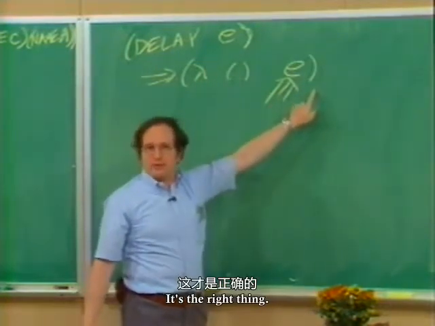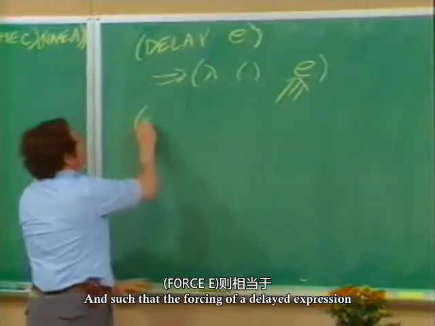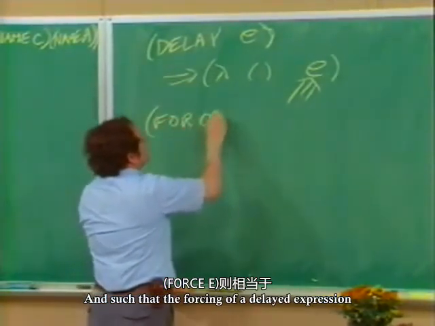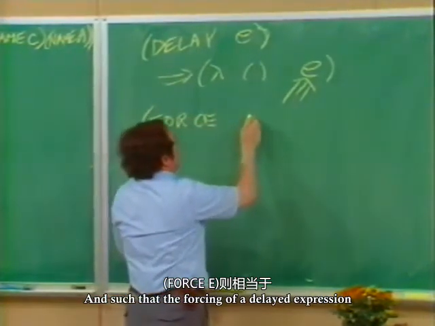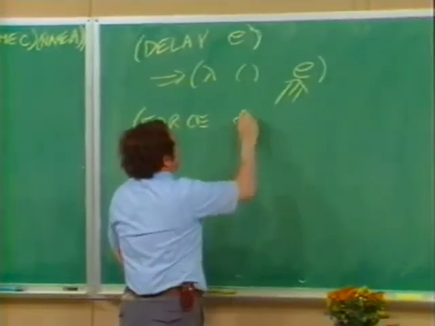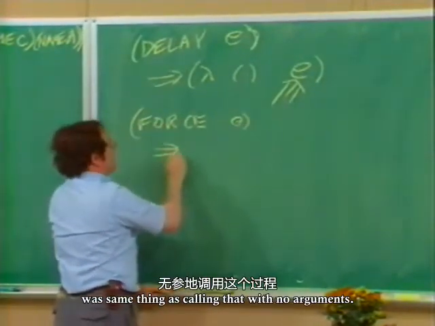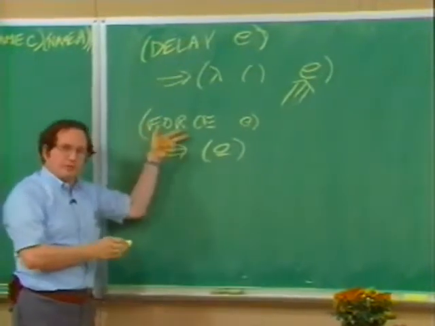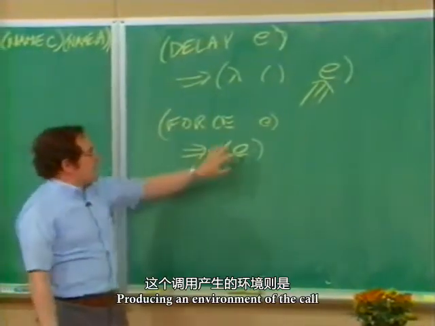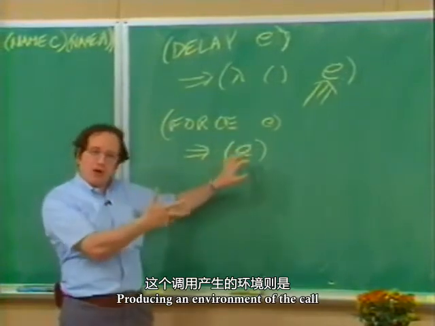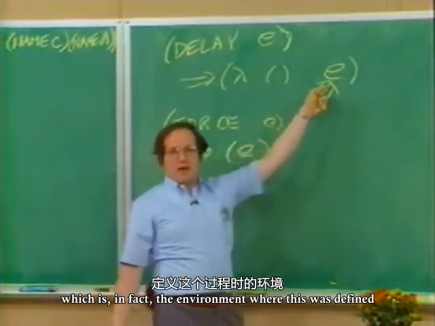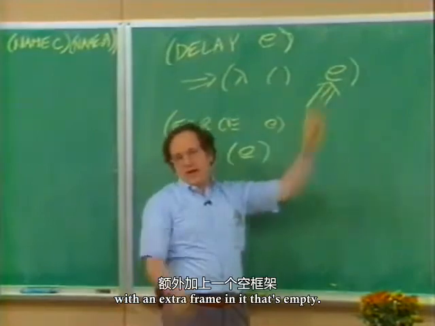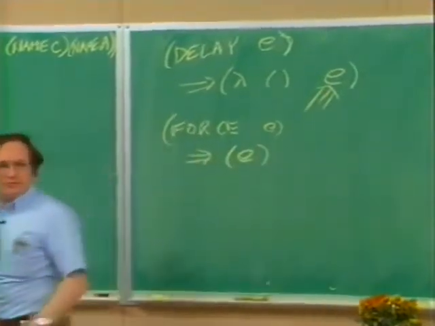It's the right thing. And such that forcing of a delayed expression was the same thing as calling that with no arguments. That's just the opposite of this. Okay. Producing an environment of the call, which is in fact the environment where this was defined, with an extra frame in it that's empty. I don't care about that.